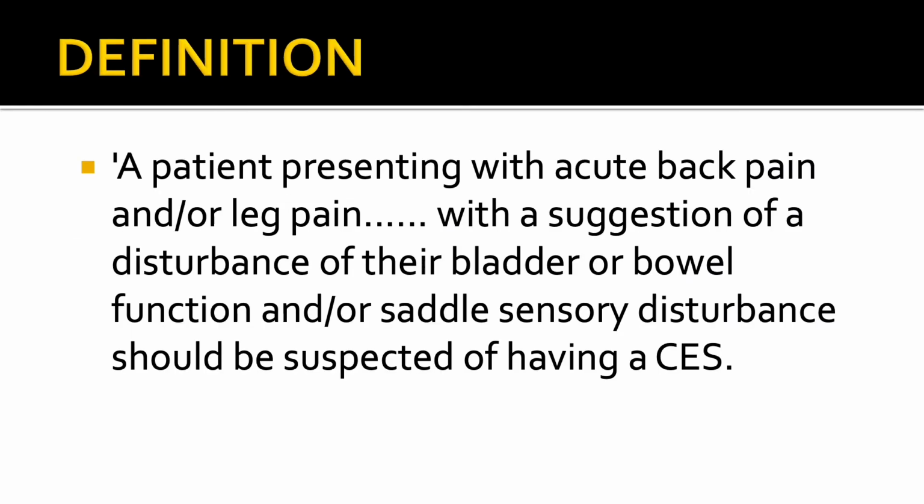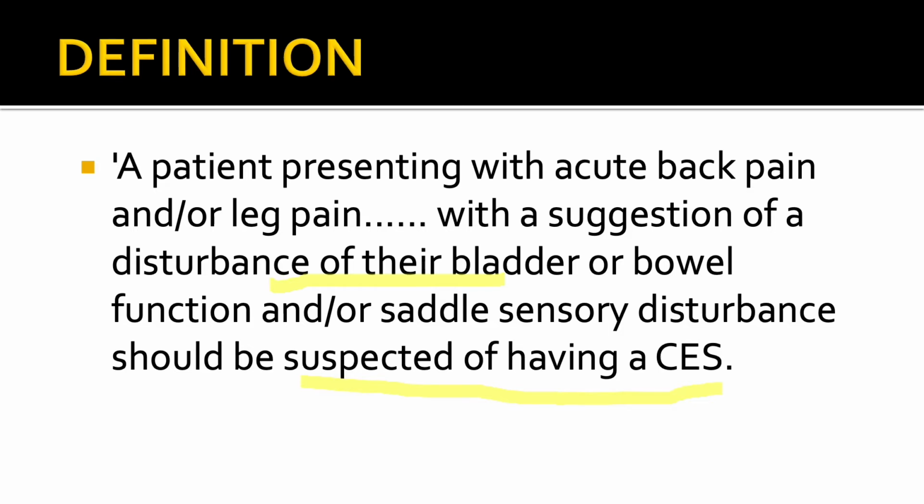So let us see the definition of Cauda Equina. This is the British Spinal Society classification. A patient presenting with acute back pain and or leg pain with a suggestion of a disturbance of their bladder or bowel and or sensory disturbance should be suspected of having Cauda Equina syndrome.